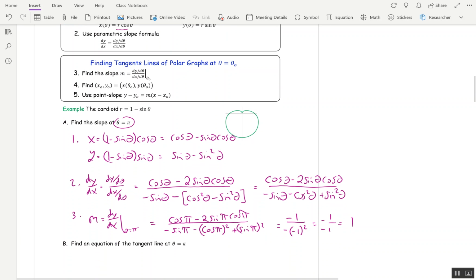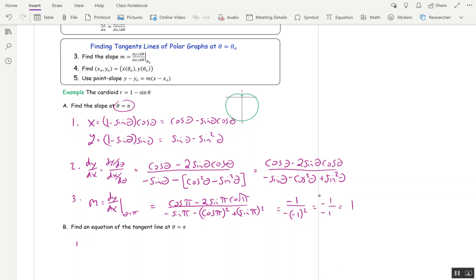Okay. Find an equation of the tangent line at theta equals pi. So I've already found the slope. I'm up to step 3. For the tangent line, I have to do steps 4 and 5. I need the point, x naught, y naught, and then I just plug it into point slope. So step 4, x naught, y naught is x at pi, y at pi. Now, x and y are up here on step 1.